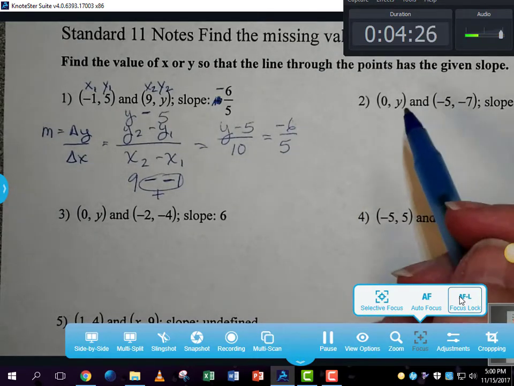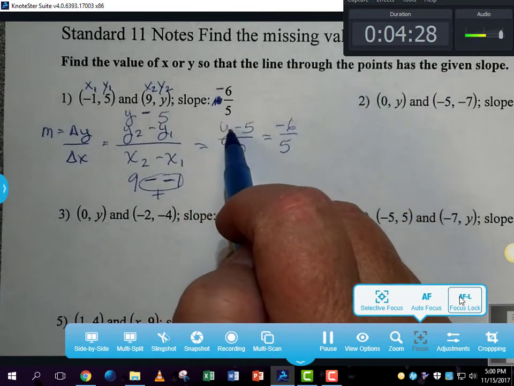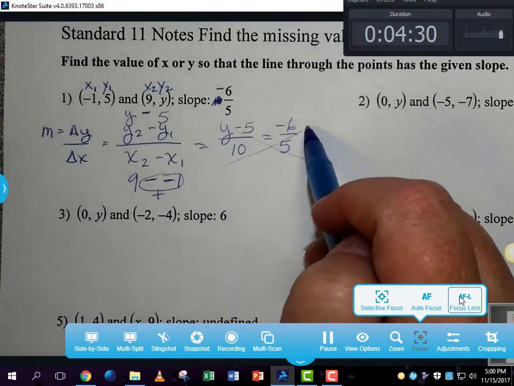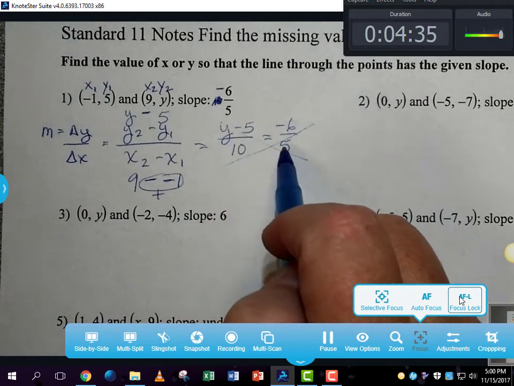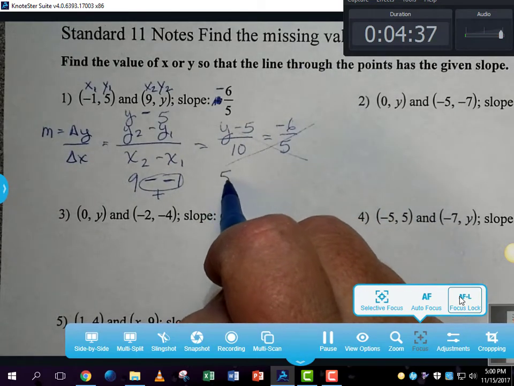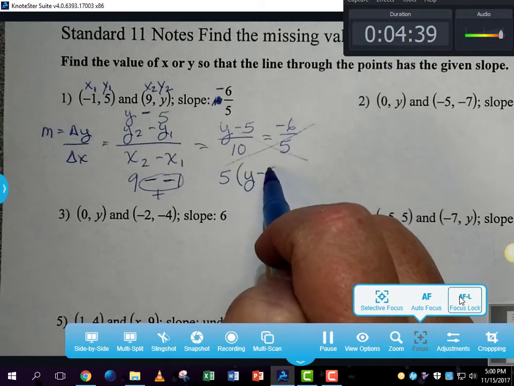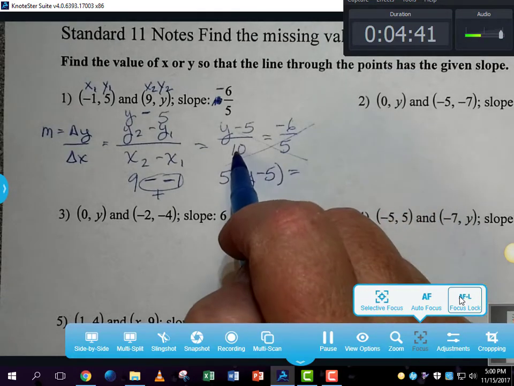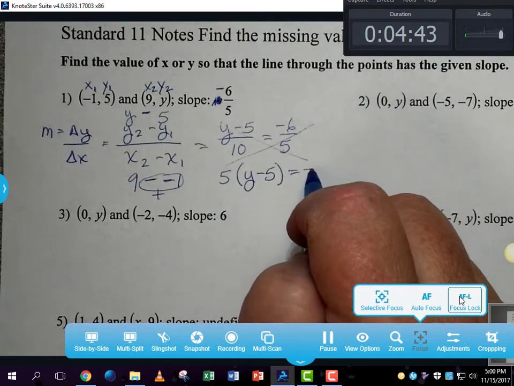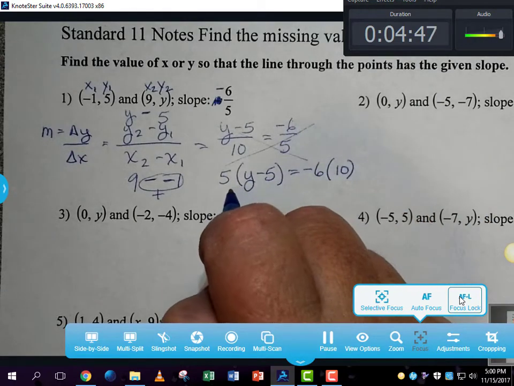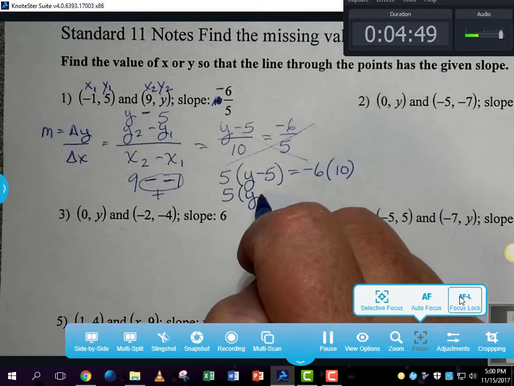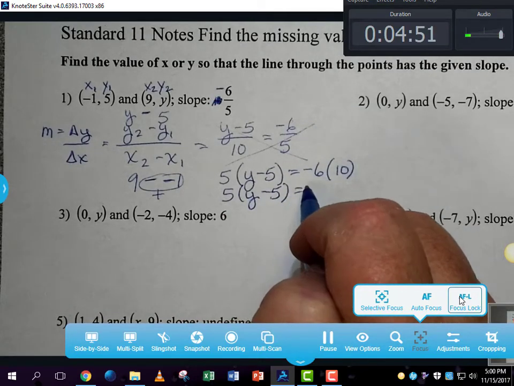Okay, so what we can do now is simply solve it like a proportion. So 5 times y minus 5 is going to be equal to 10 times negative 6. So I'm going to say 5 times the quantity y minus 5 equals negative 60.